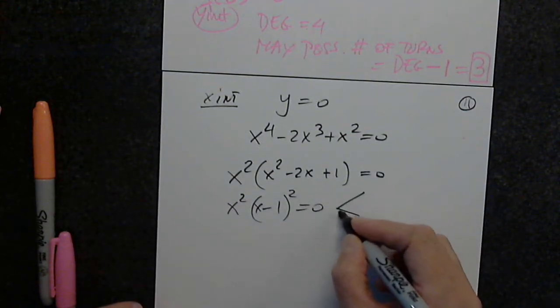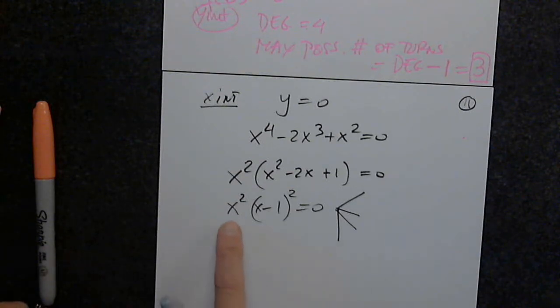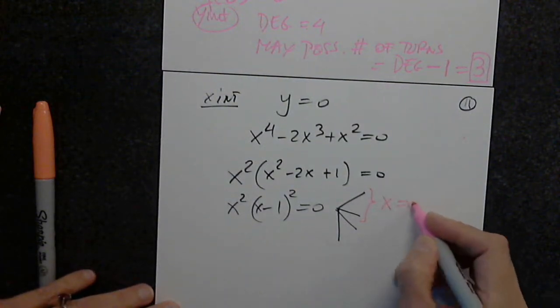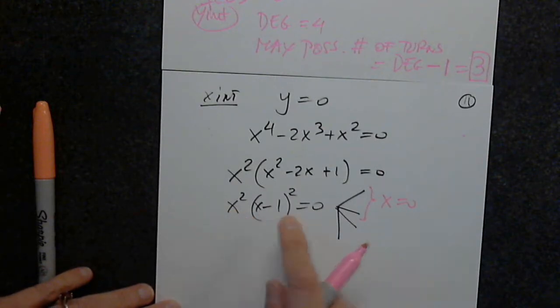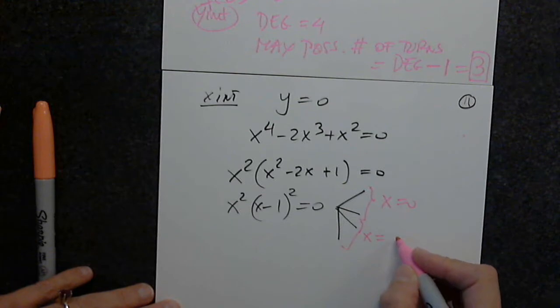So now I expect 4 solutions. What are they? No. 2 of them are? Exactly. 2 of them are 0. And 2 of them are? 1.